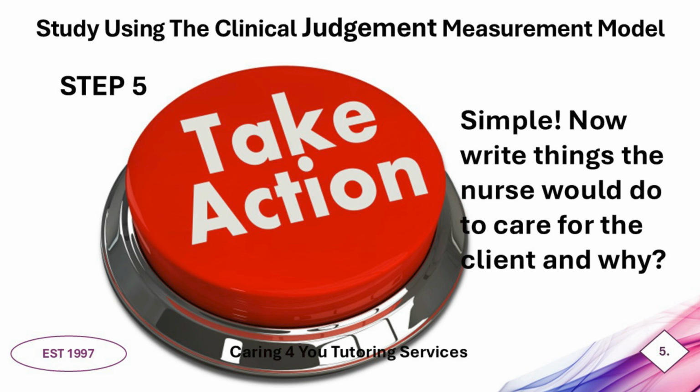Write down things that are must-haves that we must do to help a client. For example, a client with asthma. One of the things we know we're going to do is we have to teach them how to use an inhaler, right? We know that. So focus on that action.